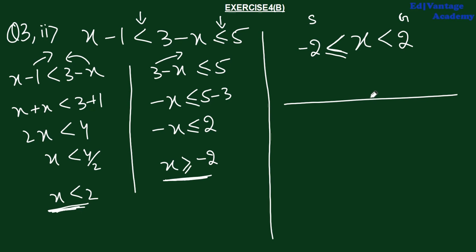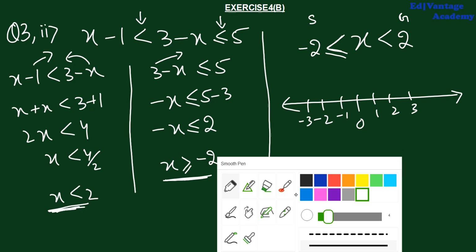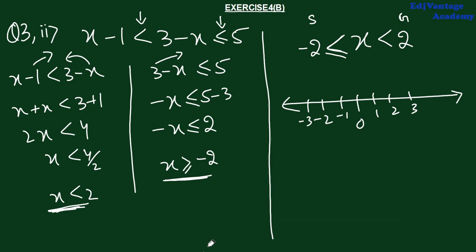Again, when we plot a graph, 1, 2, 3, that much is enough because I just have to start from minus 2 and go up to 2. So again, you can see here what we have: minus 2 up to 2. In between minus 2 and 2, whatever numbers are coming, that comes to my solution set, all the decimals included, because x belongs to real numbers here.